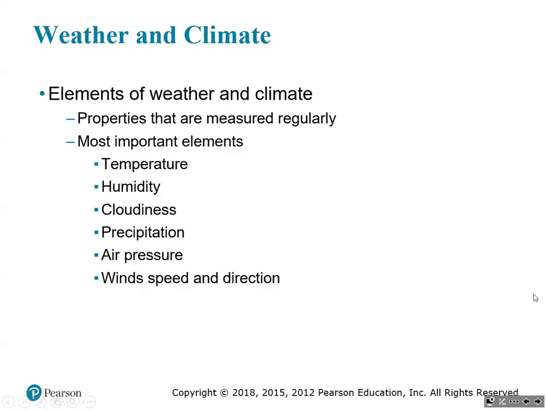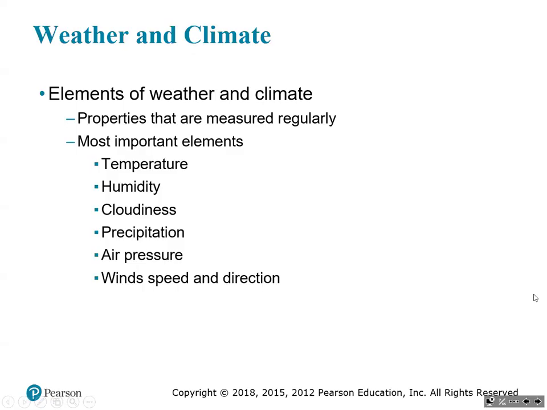Those are the kinds of things that are regularly measured by a weather station. It's measuring temperature, humidity, cloudiness, precipitation, air pressure, and wind speed and direction.